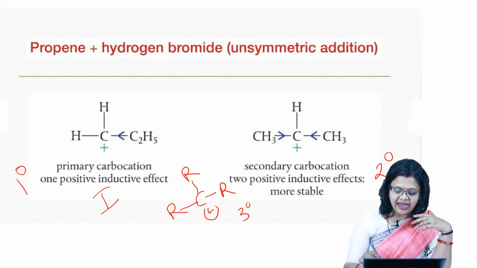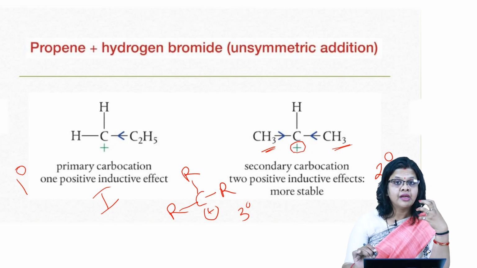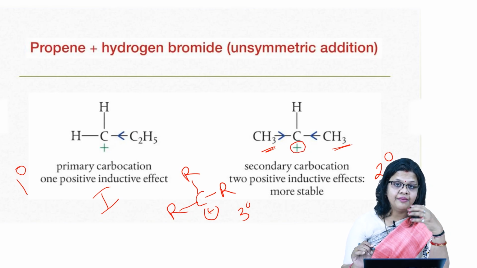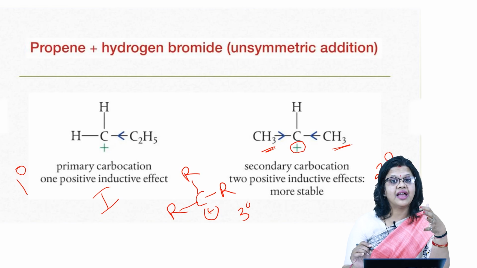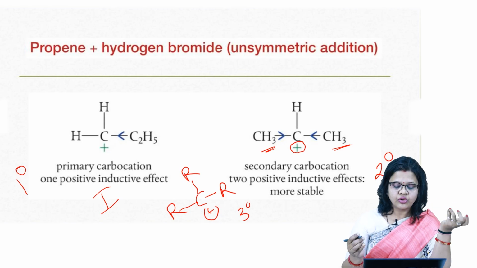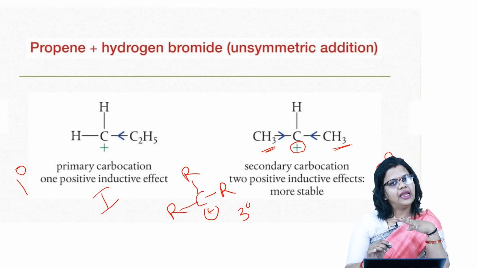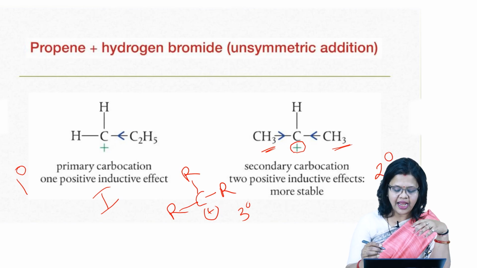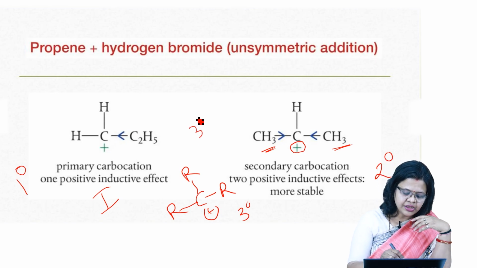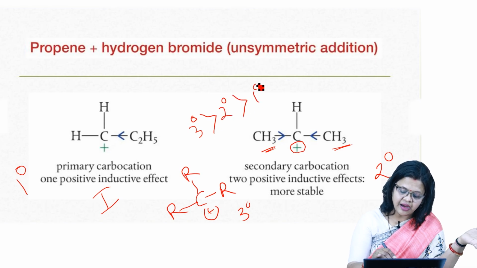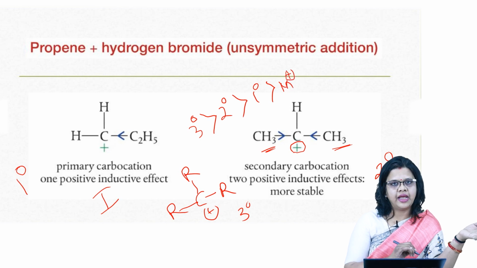The more alkyl groups are attached, the more electrons are pushed towards this electron deficient carbon, making it more and more stable, because they are trying to fulfill its deficiency. So the order of stability of carbocation is simple: tertiary carbocation is most stable, then secondary, then primary, and then comes the simple methyl carbocation.